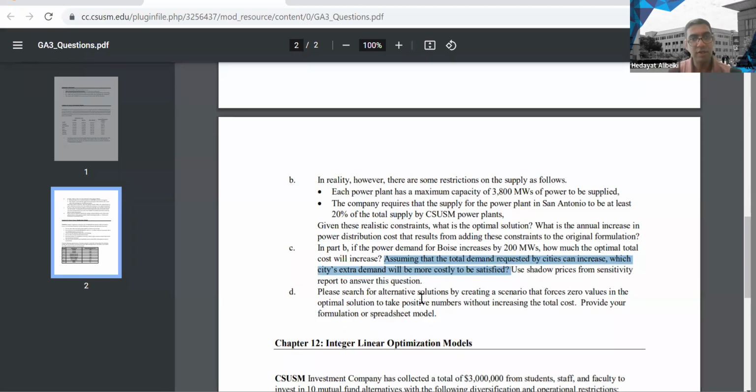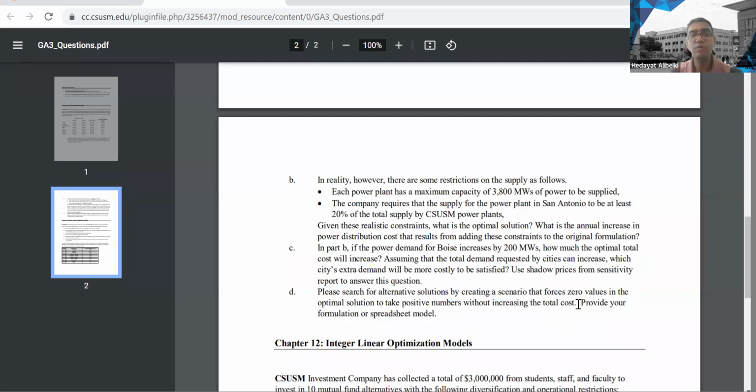Please search for alternative solutions by creating a scenario that forces 0 values in the optimal solution to take positive numbers without increasing the total cost. Provide your formulation or spreadsheet model. We didn't do an in-class assignment, but there is a video on Cougar Courses. This is actually part of the material you are supposed to know right now.